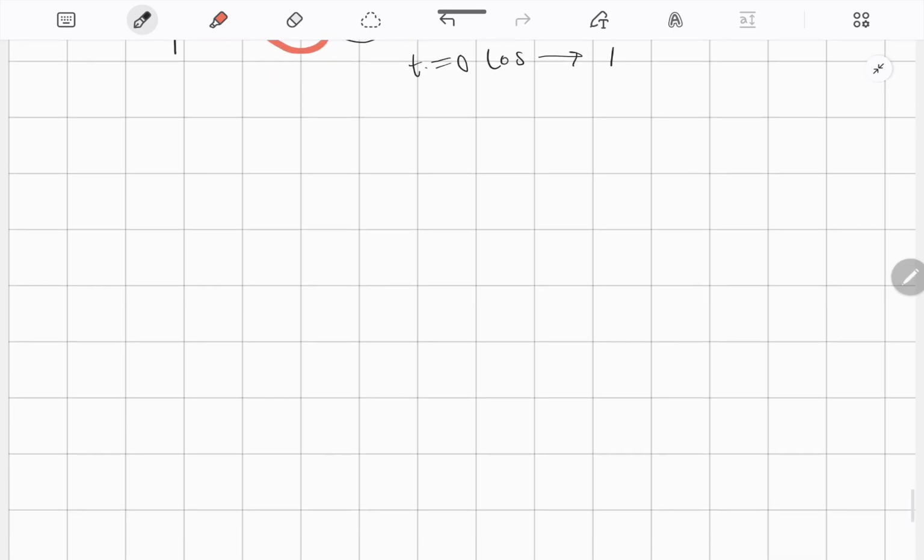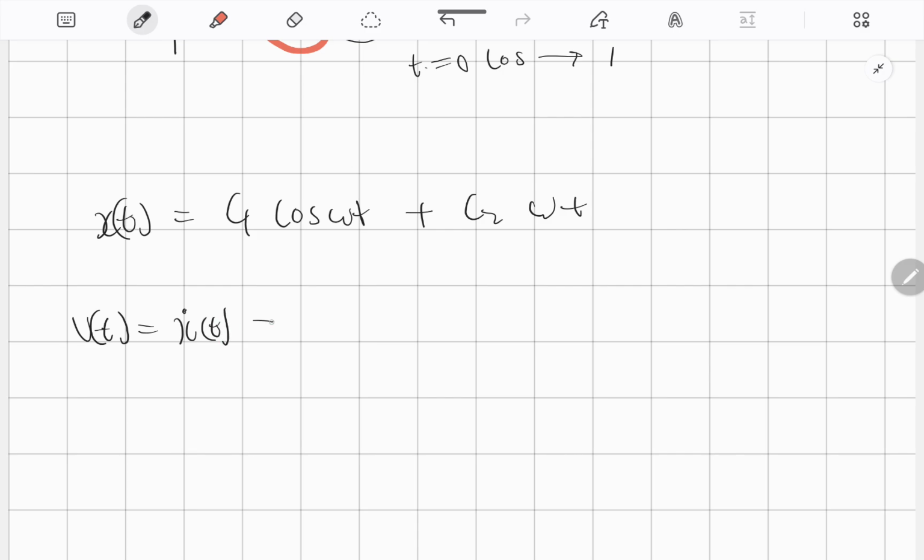Let me write it down again for you. Position is going to equal c1 cos omega t plus c2 sine omega t, and then if you differentiate that, you get x dot, the velocity in terms of t, or someone may want to say x dot of t, which I prefer also: negative c1 omega sine omega t plus c2 omega cos omega t.